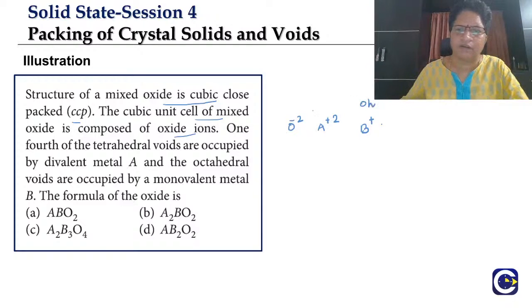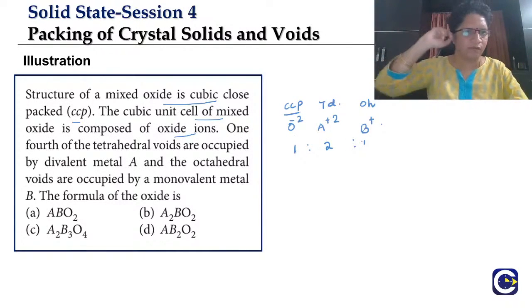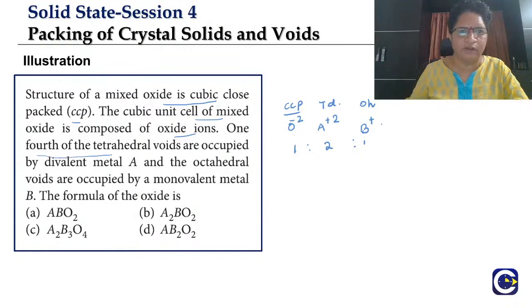This is octahedral, this is tetrahedral. And the oxide ions form the close pack structure. First, let's take the ratio 1:2:1. And what's given? 1/4 of tetrahedral voids are occupied.